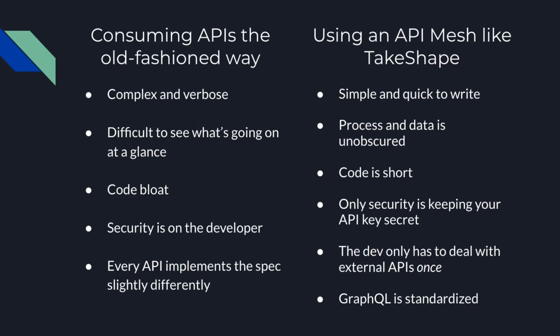And I also mentioned that every API is going to implement that REST spec slightly differently, or God forbid, some of them are still on XML APIs. Like 2 months ago or something, I was working for a freelance client.